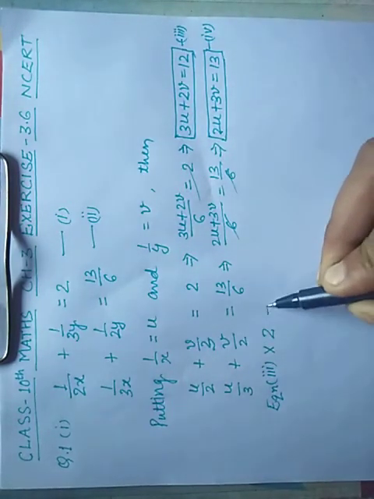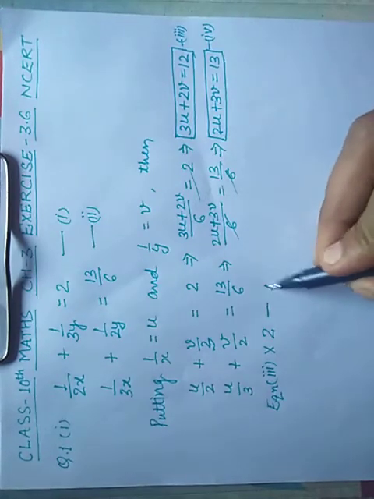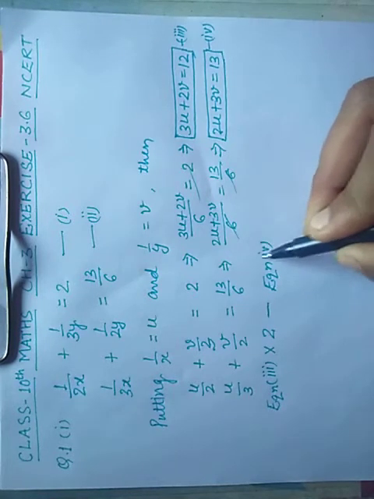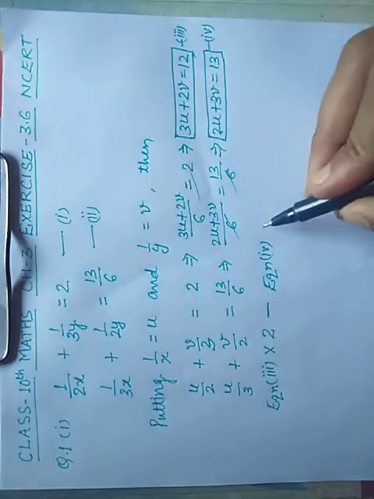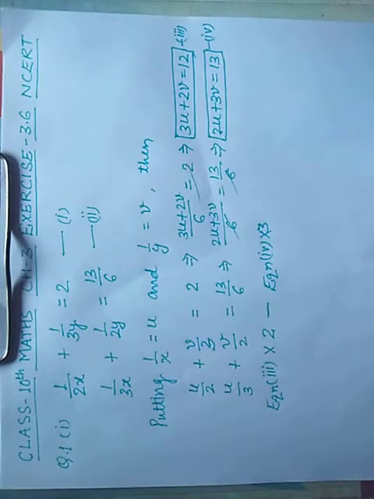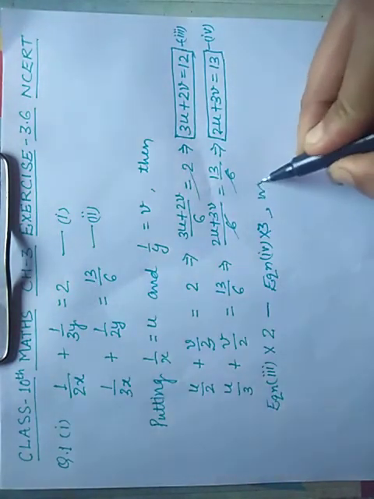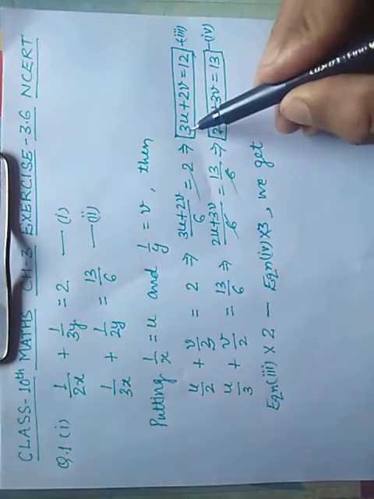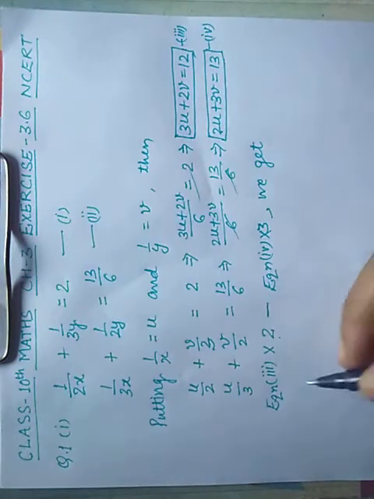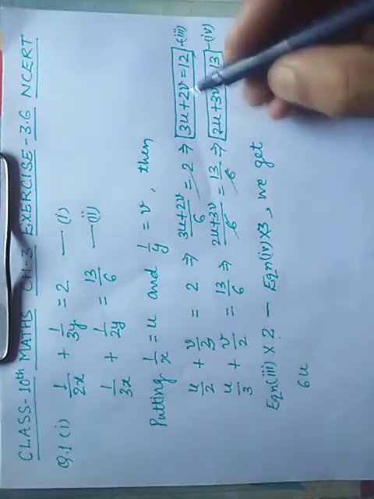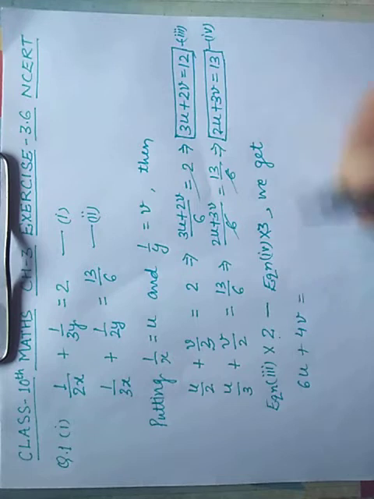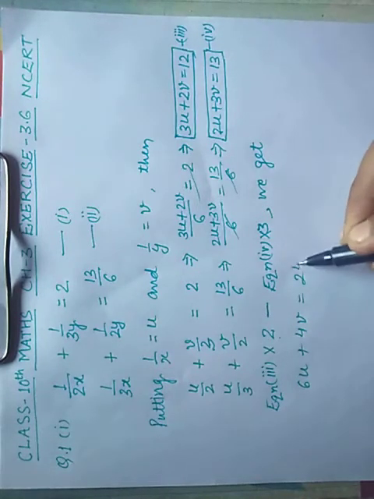minus equation 4 multiplied by 3. We have to multiply the whole equation third by 2. So we will get here 3 twos are 6u plus 2 twos are 4v is equal to 12 twos are 24.